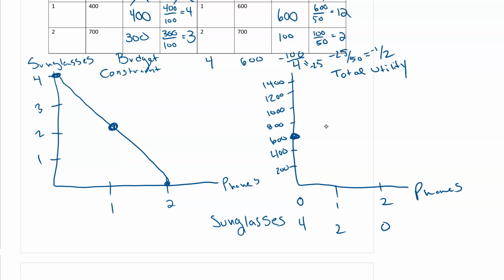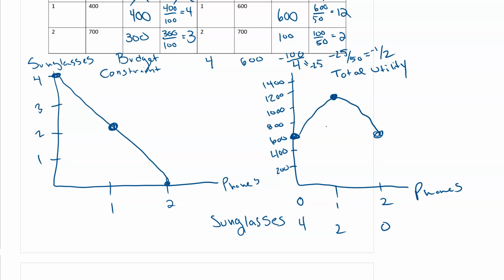And then if we're consuming 1 phone and 2 sunglasses, we've got our utility of 400 and 700 together, so 1100. And then 2 phones and no sunglasses is 700, so we come over. And our total utility is here.